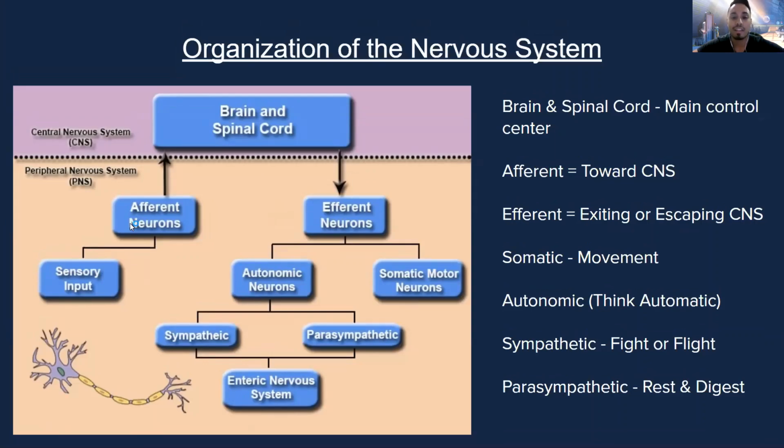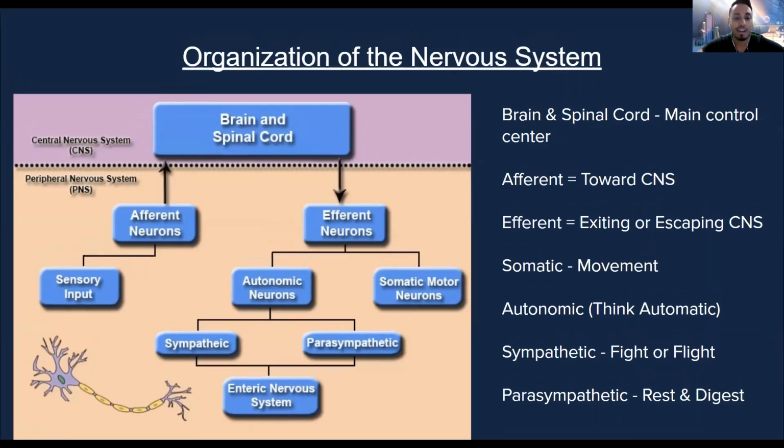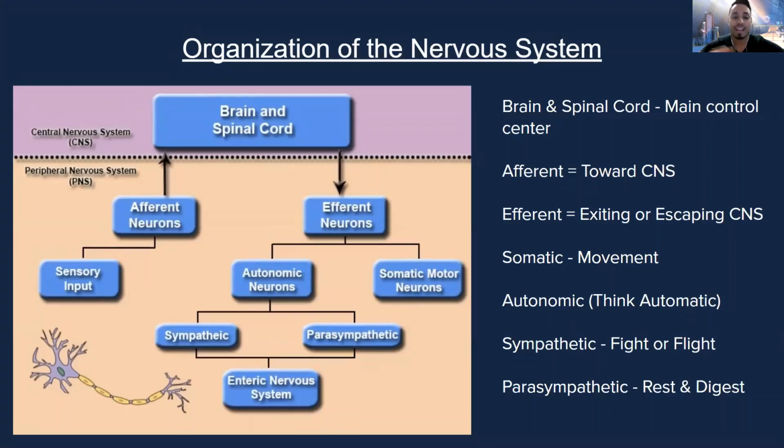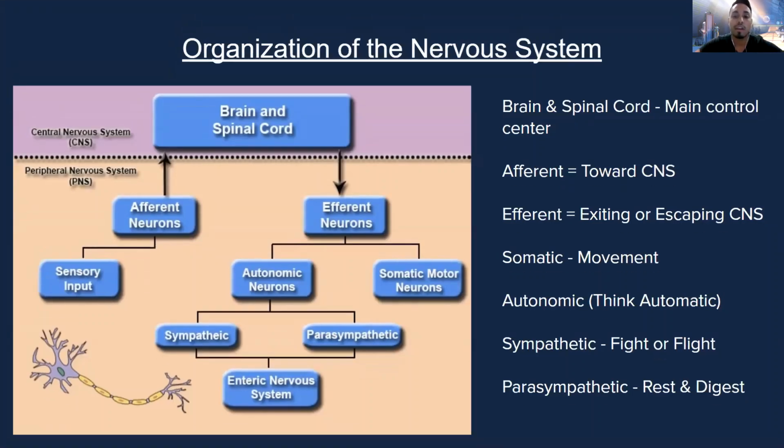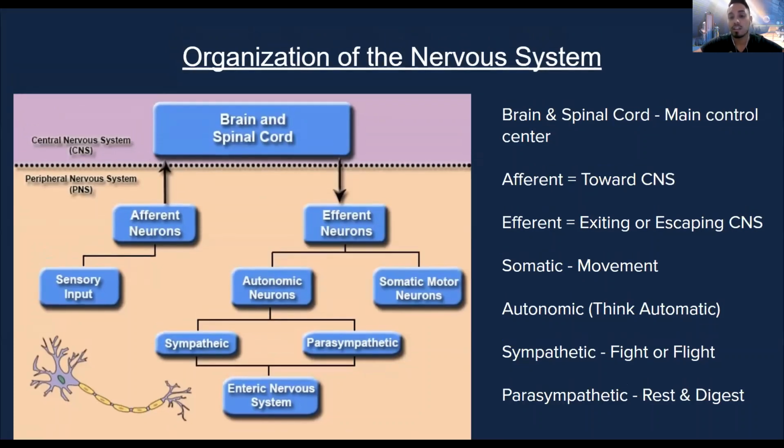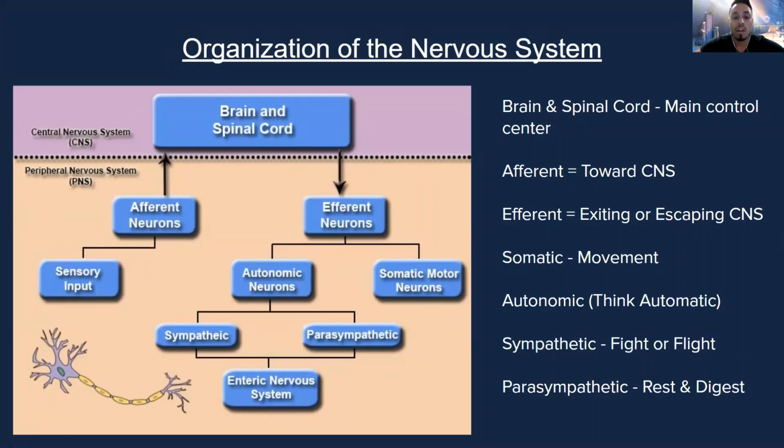When you have the exam in front of you, you might look at it at first glance and think, oh, I know it's this, I know it's that, but just go back, because those little things are the things that get you on exams. Take the time to reread the question and remember, efferent is like escaping the brain or the central nervous system. That's how I remember the E. Efferent is going away, like it's exiting or escaping the brain and spinal cord, whereas afferent is going towards the brain and spinal cord.